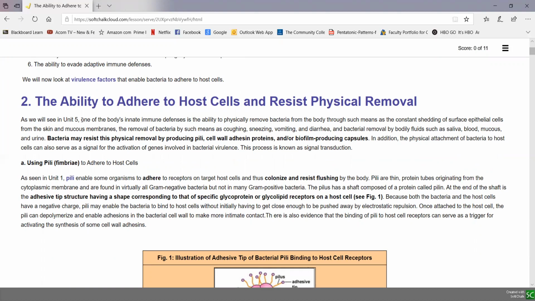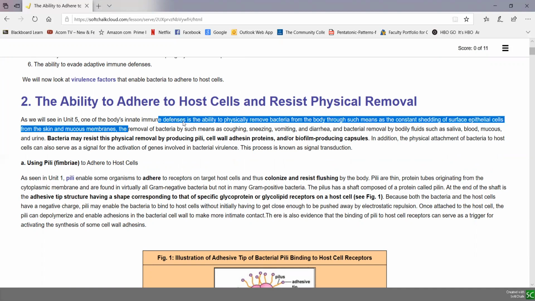So one of the body's innate immune defenses is the ability to physically remove bacteria from the body. And this is done through a variety of means. We constantly shed the surface epithelial cells from both our skin and the mucous membranes to remove any microbes that might be attached to that outer layer of cells.